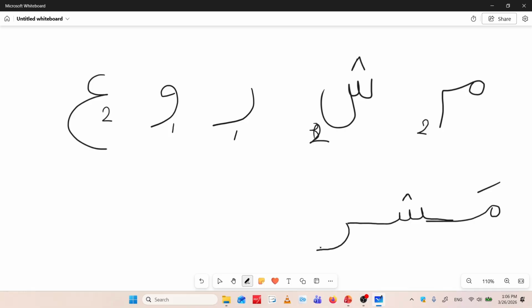Gonna connect it to the ra. Then waw. And because we have two letters and both of them are one-way connectors, they don't connect to each other. Then we have ain, right? And this word is مشروع. مشروع. And مشروع means a project.